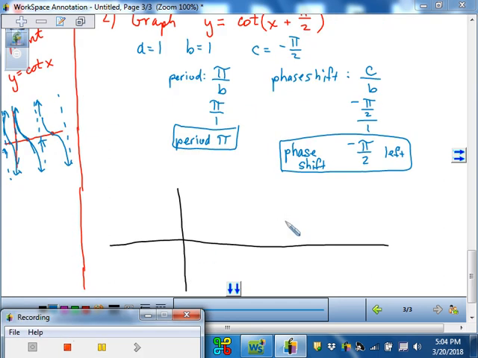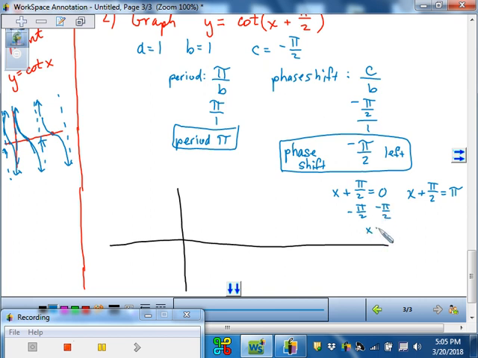Okay, so now looking at our graph, normally our asymptotes would be located at 0 and pi. But if we find our asymptotes now, we've got x plus pi over 2 equals 0, and x plus pi over 2 equals pi. These are the two easiest ones to find. We're going to subtract pi over 2 from both sides.